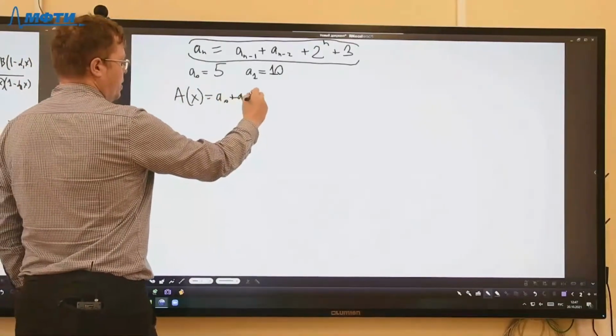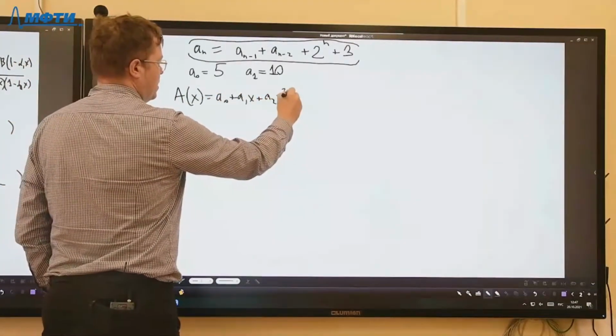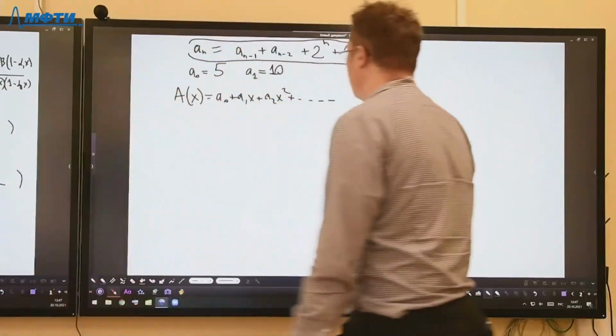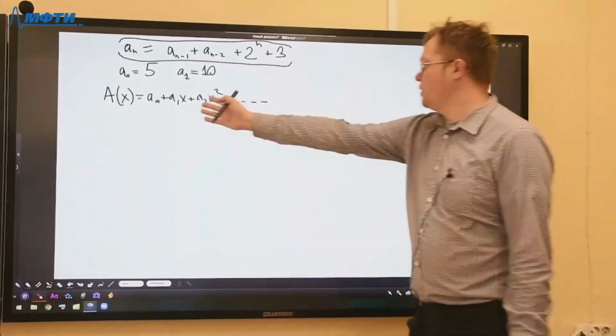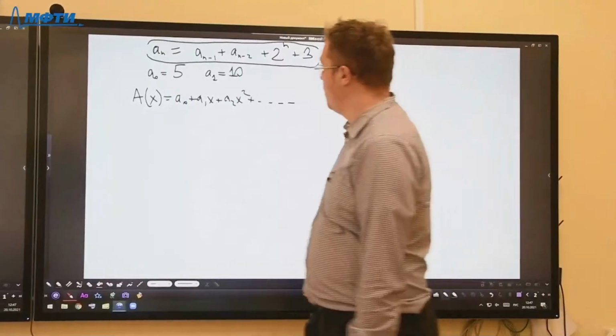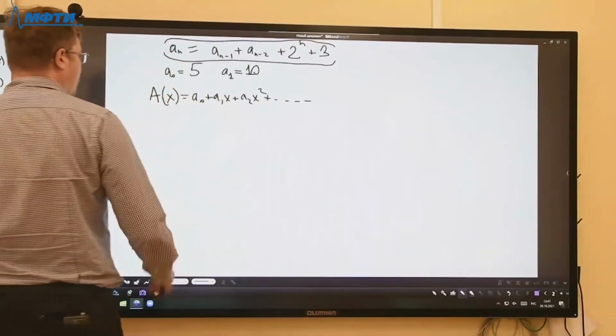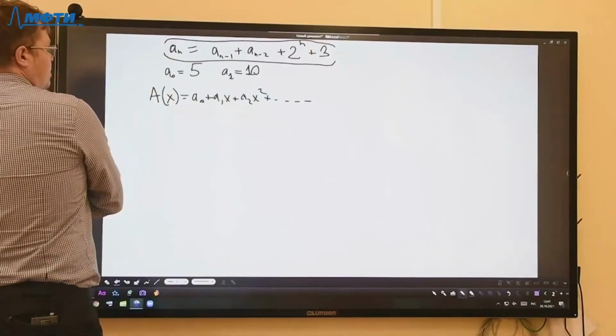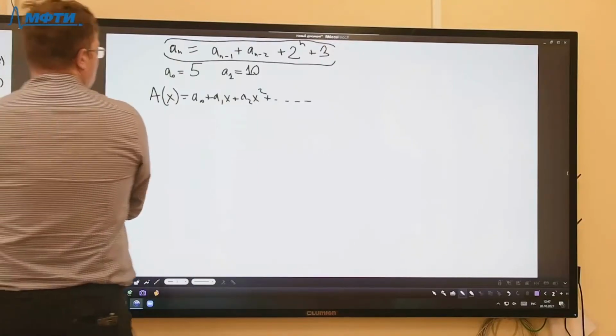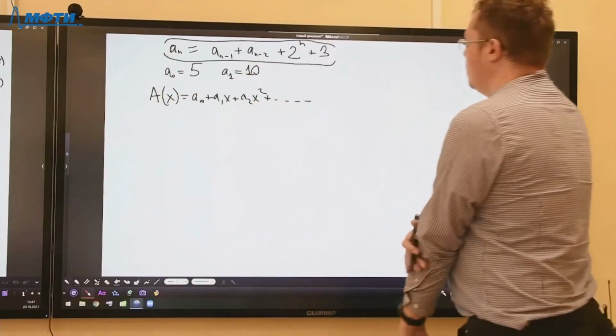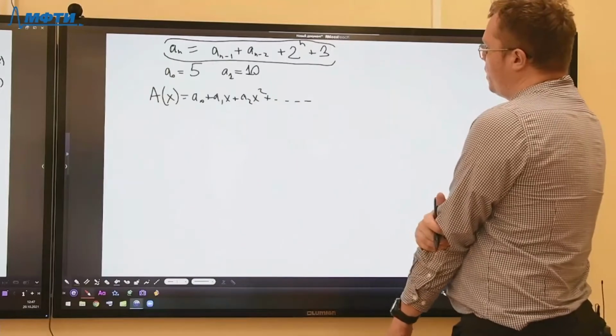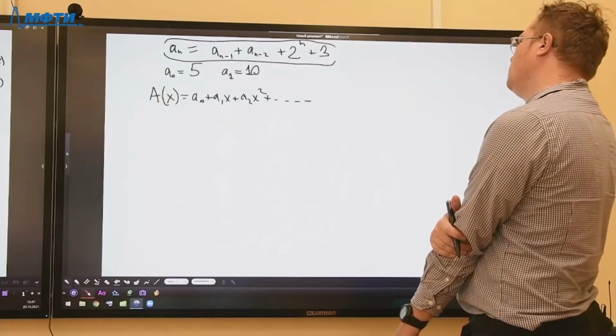Again, we just look at the formal power series with these coefficients.